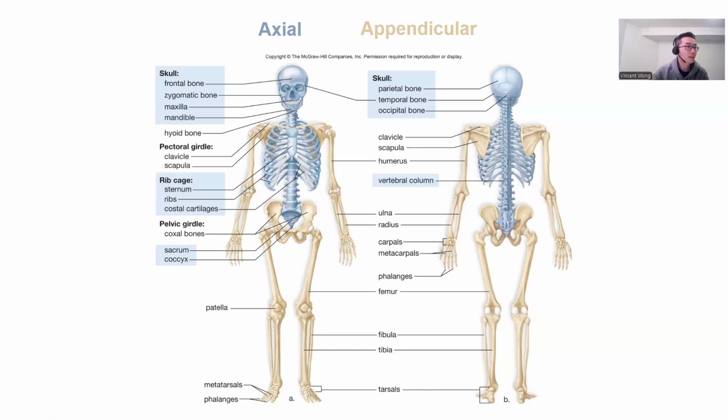And you know what? Actually, let me just put it in the chat box so you don't have to go look for it. And there are a bunch of 3D models on Luminate as well if you need to review them and learn them yourself.